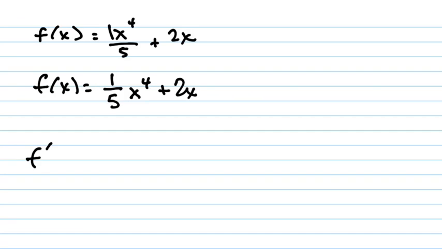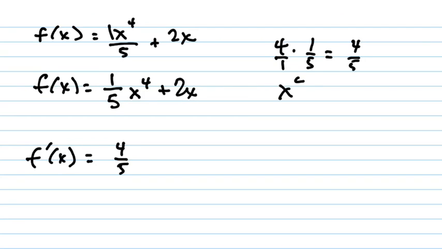So now let's take the derivative. First, it's the 4 times 1/5, which is just 4/5, because you put it over 1 and nothing will reduce. So that's going to be 4/5. It's x to the 4 minus 1, which is x to the 3.